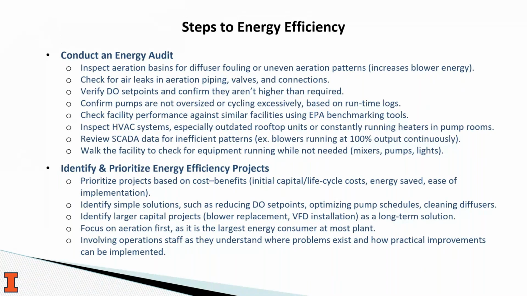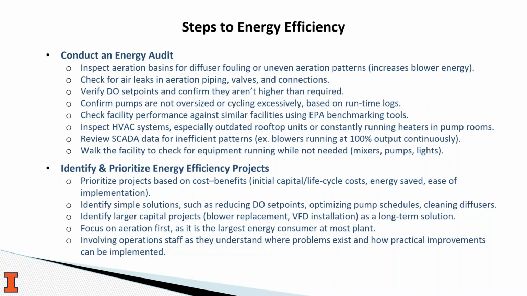You can also review pump time logs to confirm pumps aren't being cycled excessively, or if they're oversized, maybe downsizing them might be beneficial. Even things like HVAC systems or lighting within your facility, and how they're being used, can increase energy use as well.